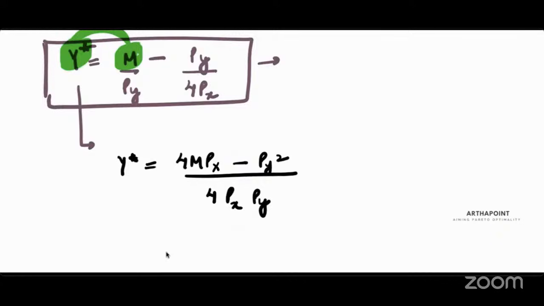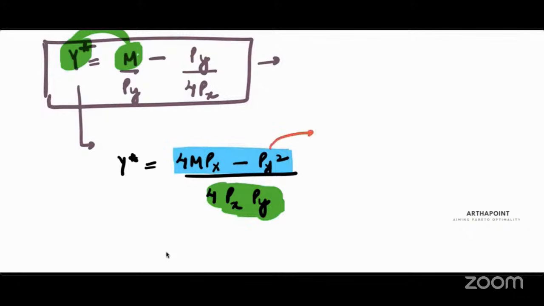See, px and py, they are positive numbers. So px into py is positive, into 4 it is positive. So the denominator is always positive. But let's just for a second think about this numerator that we have here. The numerator can be negative, 0 or positive.